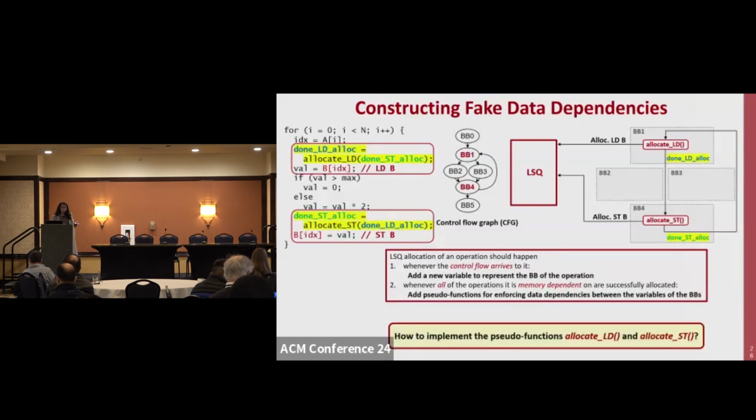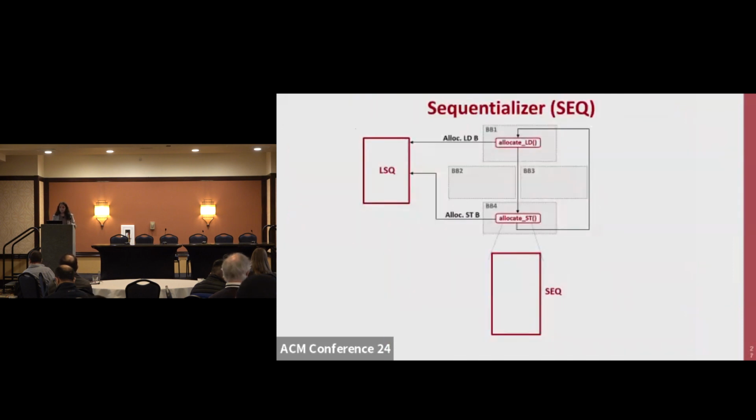And so the next question is how to implement those pseudo functions. We have a very simple answer. For the 2 pseudo functions, we implement them with one component called sequentializer, or SEC in short. Since memory operations can have an arbitrary number of memory operations that they are memory dependent on, this SEC component can have an arbitrary number of inputs.